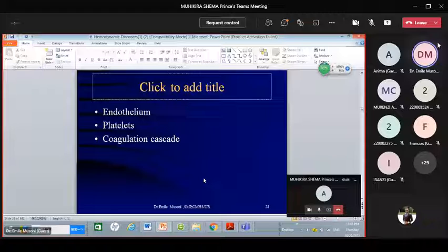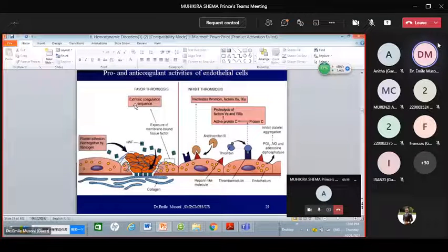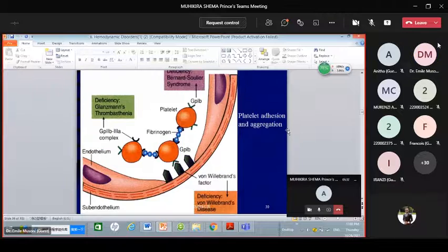There's some process, and that one is what we call coagulation factor, exposure membrane, Von Willebrand factors, and here those inhibit thrombosis, the antithrombin 3 and the thrombin. This one, that cascade of the coagulation, it is involvement of the fibrinogen.